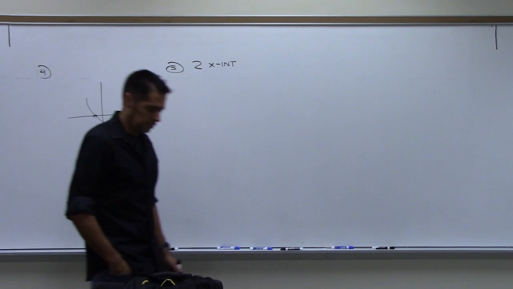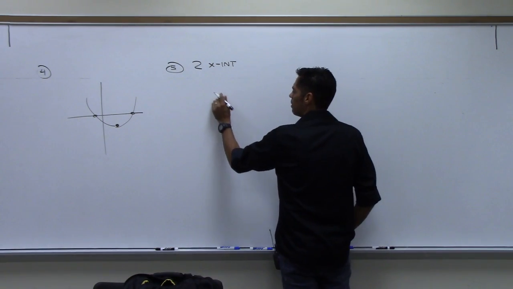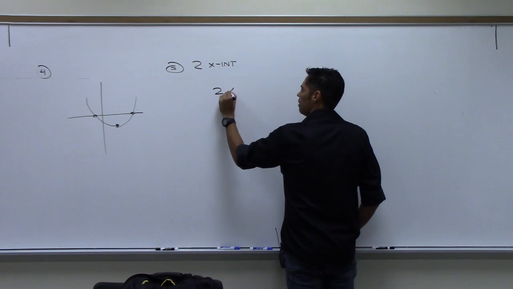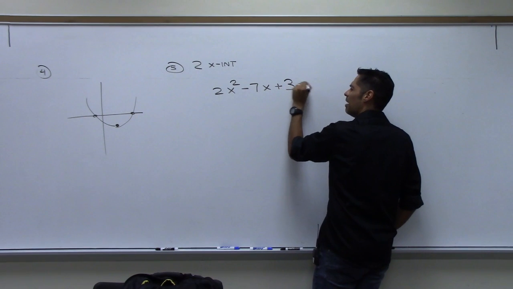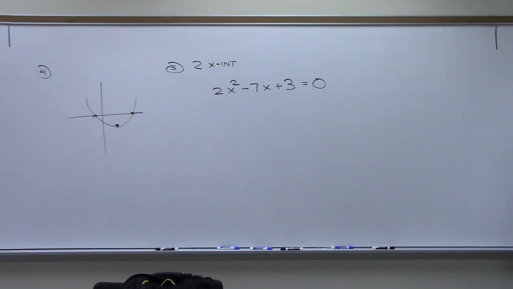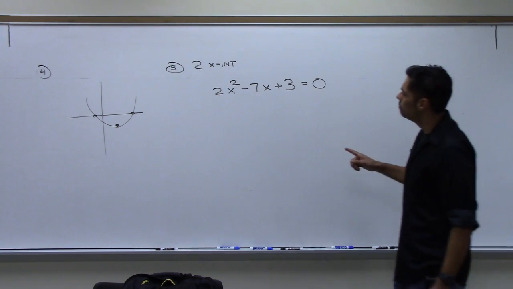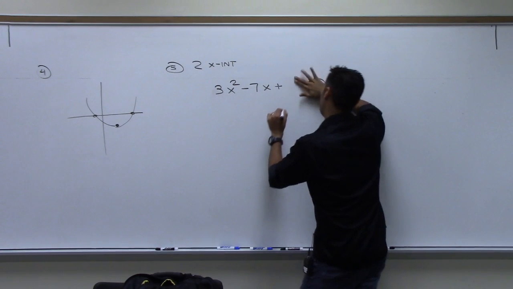F of X equal to 0. Okay, good. And our f of x was, because I erased it, 2x squared minus 7x plus 3, right? Equals 0. Was that it? Okay, so we set that equal to 0. Oh, 3x up out here and 2 out here. Okay, I apologize.